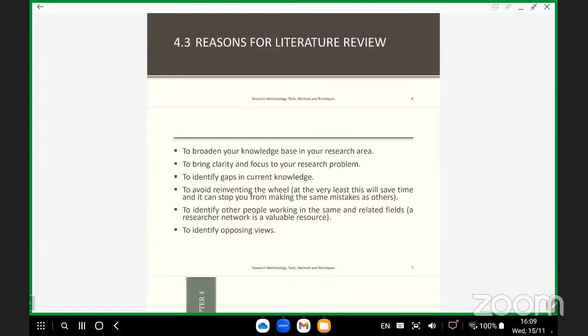Jadi bila you cari banyak-banyak literature itu, you akan realize, oh, there is a gaps in terms of knowledge. Previous knowledge and current knowledge, ada something yang still not been tapped yet. Okay, and then to avoid at least in terms of making the same mistakes like what previous literature did.